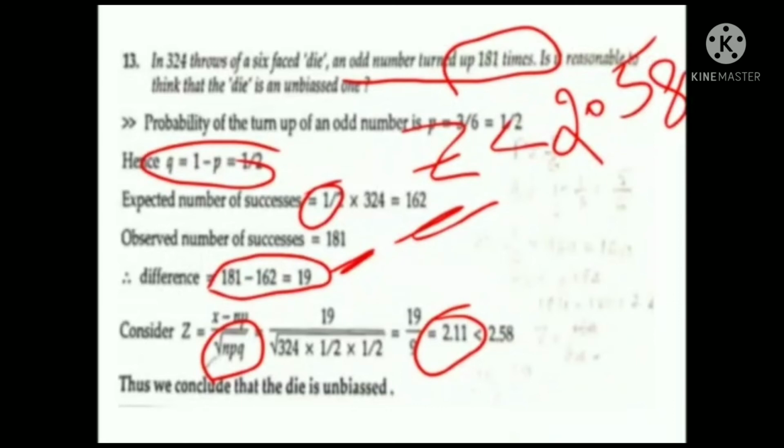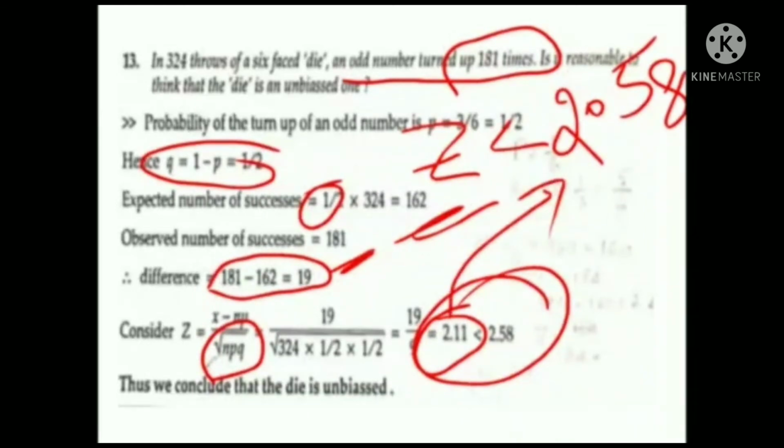Of course, the obtained value here, 2.11, is less than 2.58. Hence our hypothesis is accepted. That means we can conclude confidently that the given die is an unbiased die.